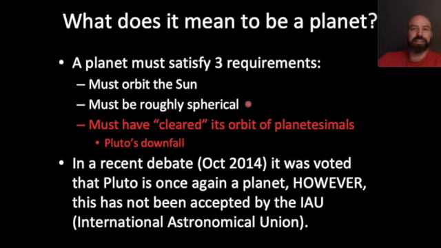So that's this idea that as it accumulated, it had enough of its own gravity to form into a sphere. And it must have cleared its orbit of other planetesimals, which means that in the orbit of the object, it can't be running into other objects out in space, other planetesimals.